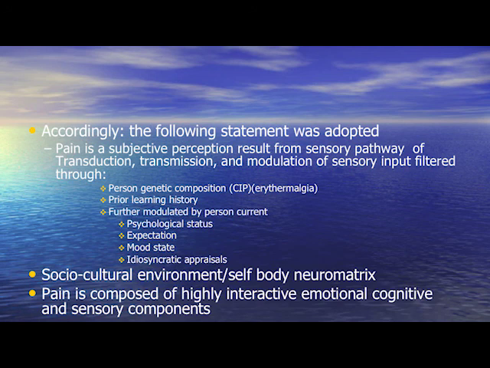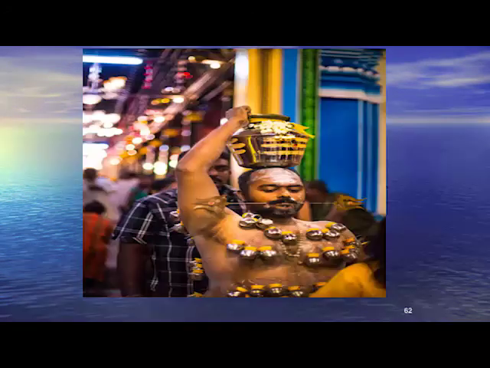And all of these factors are controlled, or at least influenced, by culture, ethnicity, and race. So the culture affects all these items. Socio-culture, environment, self-body, pain is composed of highly interactive emotional and cognitive parts. It has been shown that in all these items the culture has a big influence, and we see that, frankly, in our community of patients.